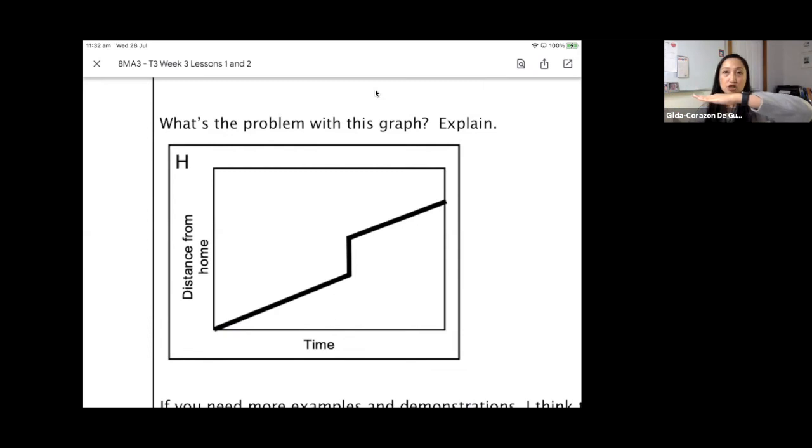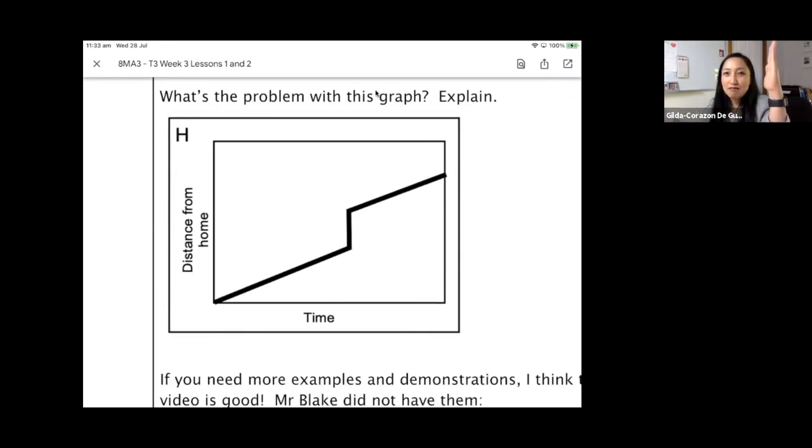But that object is going nowhere, right? Then when you have a line that's leaning to the left, then we know that it's going back to its origin, yeah? When it touches that horizontal, that means that object went back to its origin. We can never have any vertical lines. Any vertical lines are non-existent in the distance time graph because we cannot teleport. Okay, you can't be in two places or more than one place at one time.